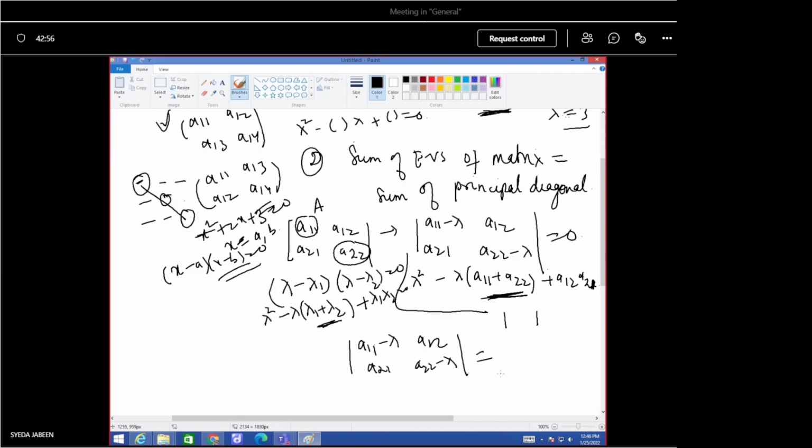You will get lambda square minus lambda into (A11 plus A22) plus A11 A22 minus A12 A21.